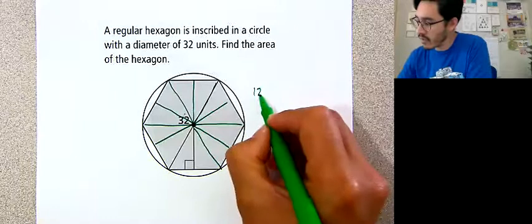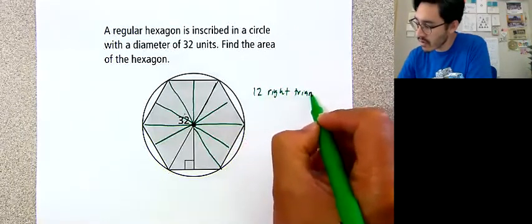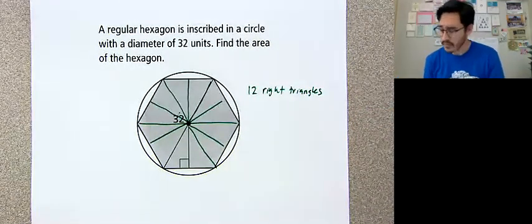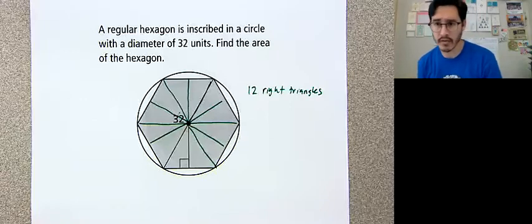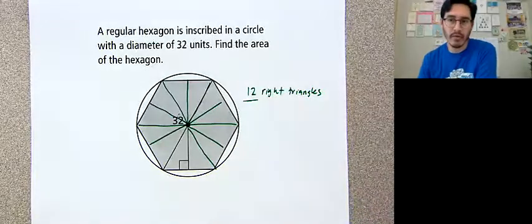Okay, so we have 12 right triangles within this hexagon. So here's the thing: if we can find the area of one of those triangles, then we would just have to multiply by 12 to get the area of the whole polygon.